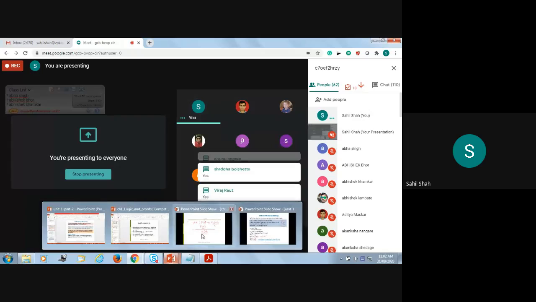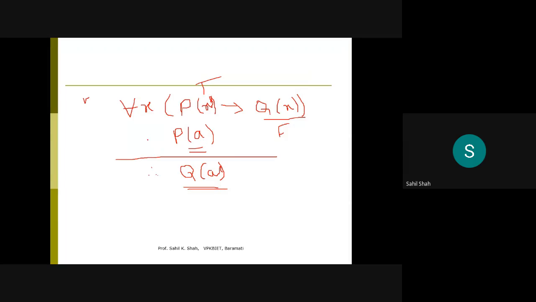Fine. If I slightly change this, if I know that the premise is for all x, P of x gives Q of x, and the second one is negation of P of a. What will be its conclusion now? Instead of negation of P of a, let me write negation of Q of a.